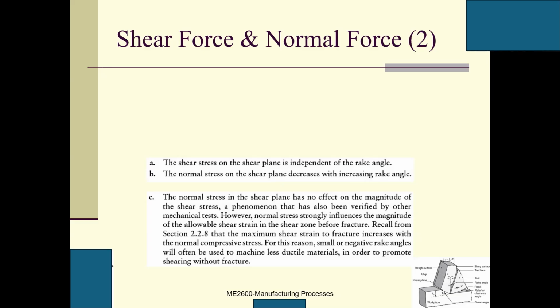However, for the brittle material, the fracture toughness is low, right? So if I use a tool that has positive rake angle, that means a sharp tool, I have a tensile stress on the workpiece. The brittle material will then be much easier to fracture.